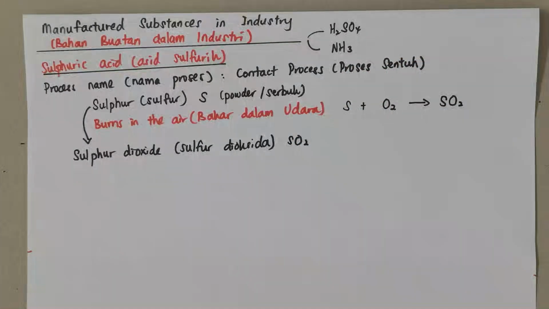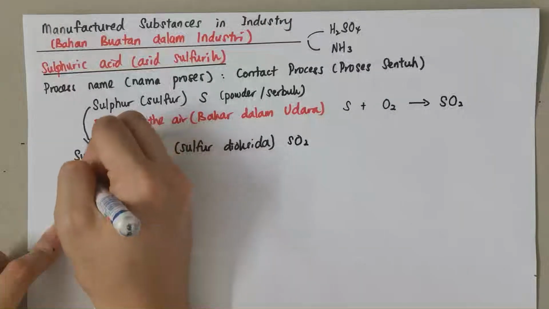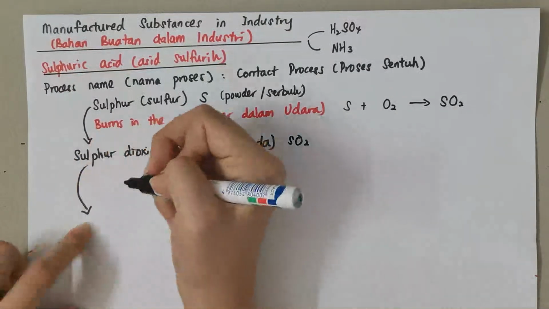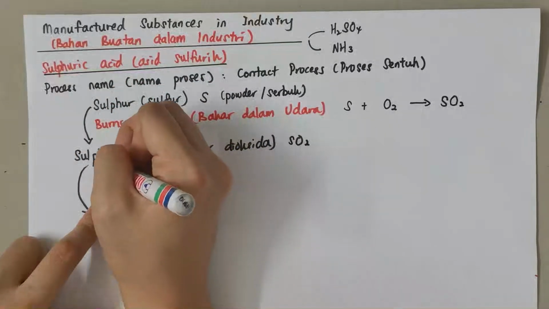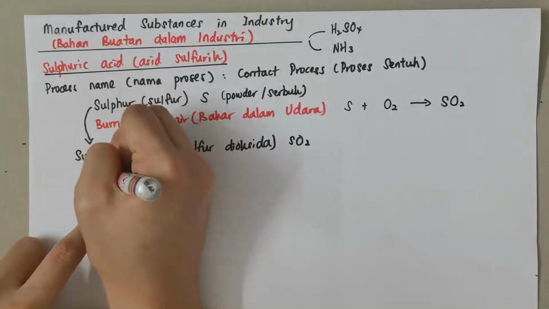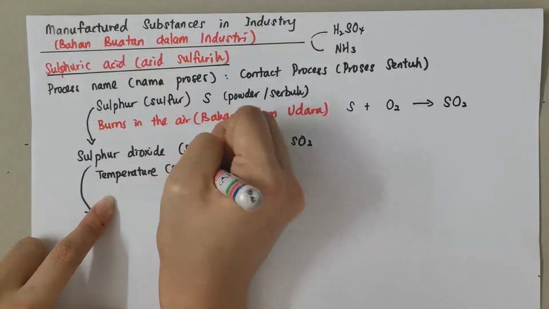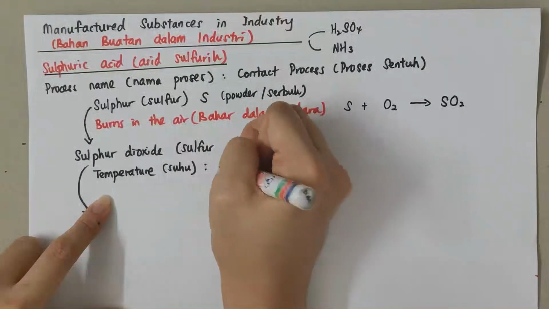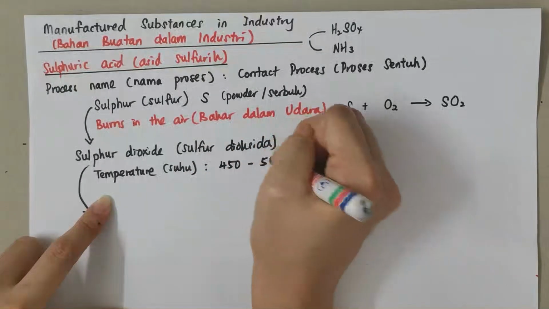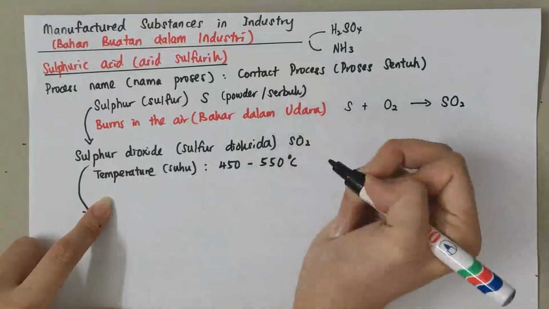Next, sulfur dioxide will be burned further in the air. Sulfur dioxide akan dibakar dalam udara sekali lagi. This burning is very special. You need a specific temperature, kena ada suhu yang khusus, which is 450 degrees Celsius to 550 degrees Celsius.